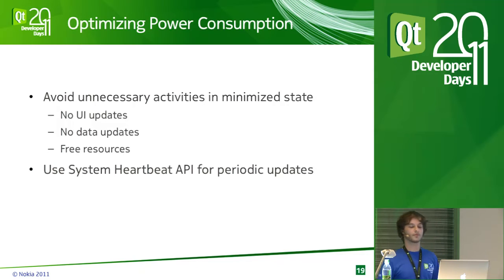So if you want to do something like that, you should use this API, and basically you provide an interval, like I want my updates to be done every 10 minutes. That's the minimum interval, and you can set an upper limit, let's say 15 minutes. What it's going to do is synchronize the updates for all applications that are using this API.